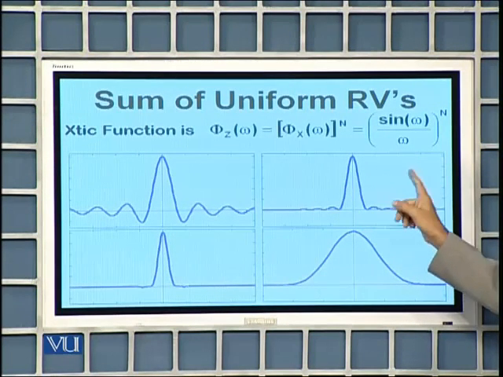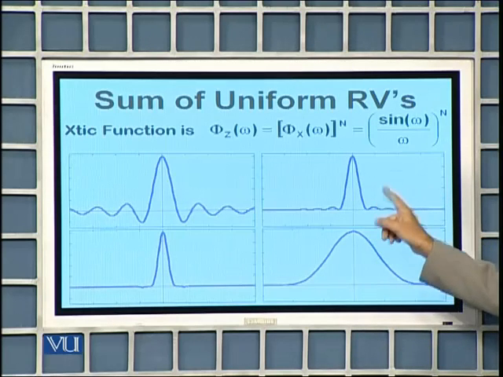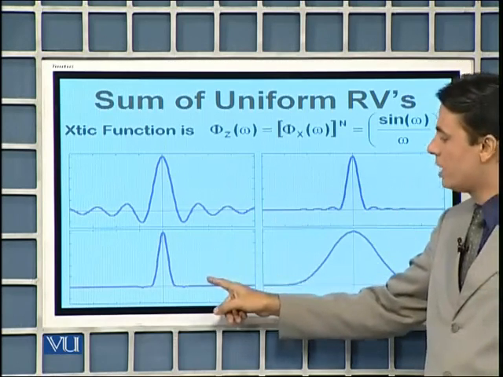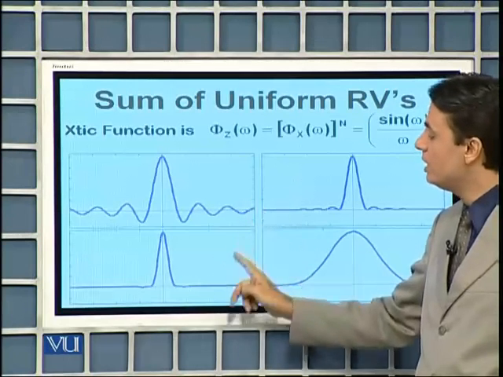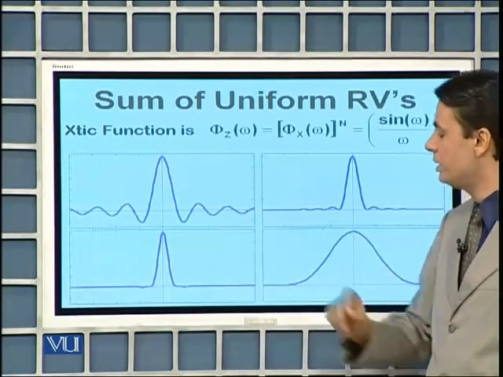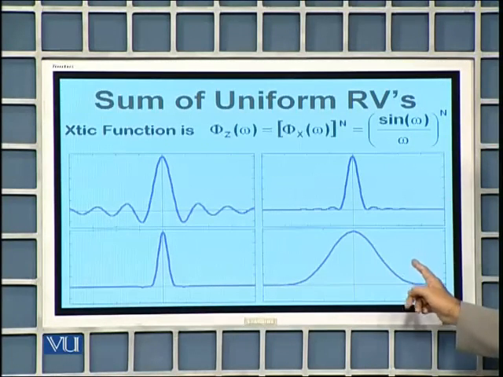If z is the sum of two uniformly distributed random variables, this is the shape of the characteristic function of z. This is the shape of the characteristic function of the sum of three uniformly distributed independent random variables. And this is the shape for five uniformly distributed independent random variables.